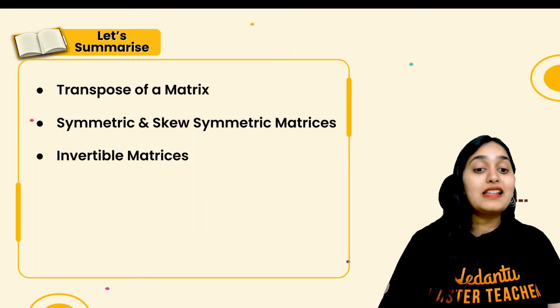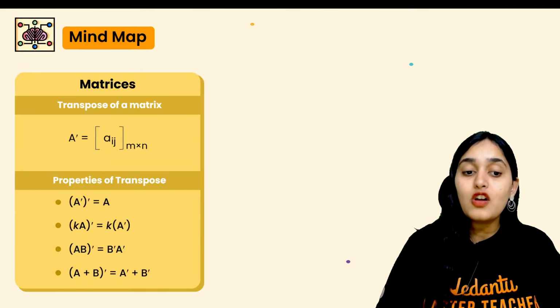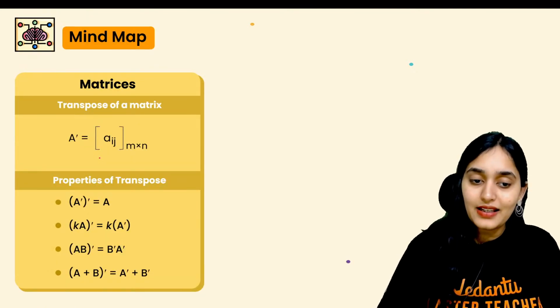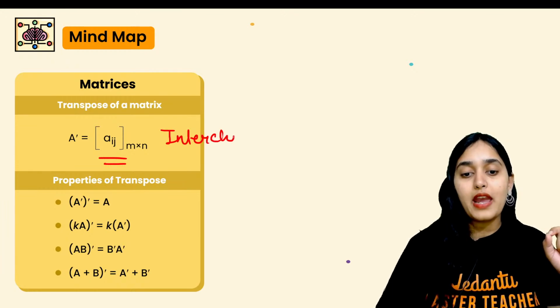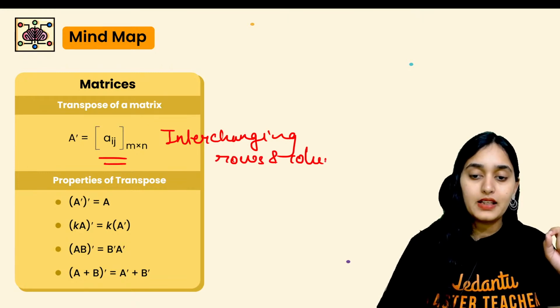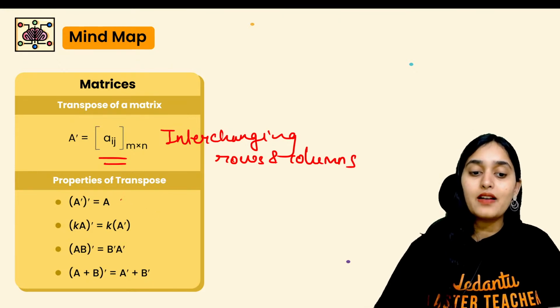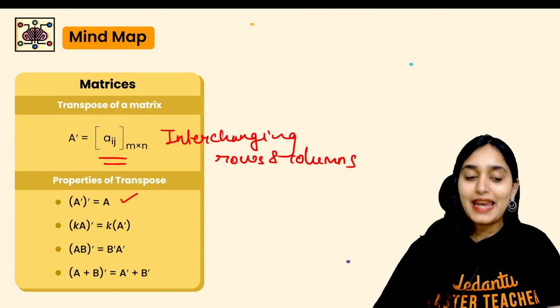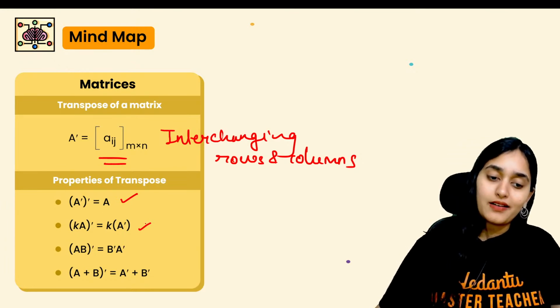Alright, let's summarize. What did we learn today? We learned to find out transpose of a matrix, which is basically interchanging rows and columns. Now, these are the properties of transpose of a matrix. A transpose whole transpose is A matrix. K into A whole transpose is K into A transpose.